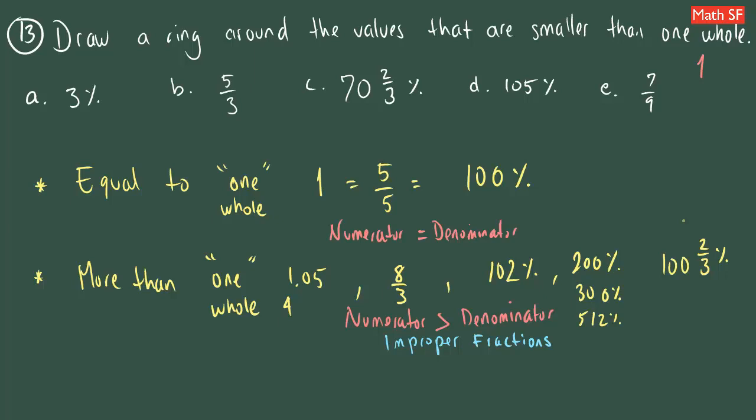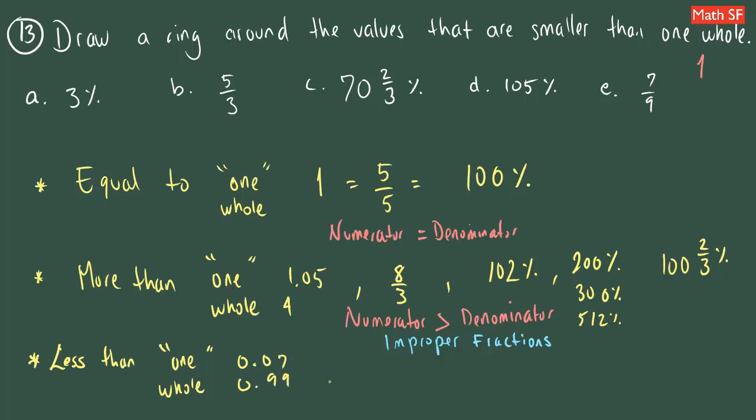So what about the numbers that are less than one whole? I'm running out of space, so I want to try to shrink this here. Numbers that are less than one whole, if you're talking about decimals, that should be 0 wholes there, right? Like 0.07 or 0.99.